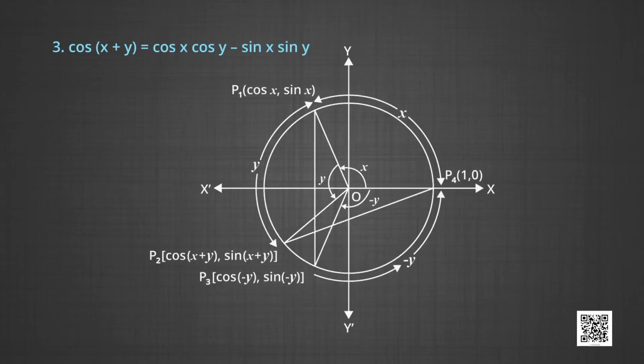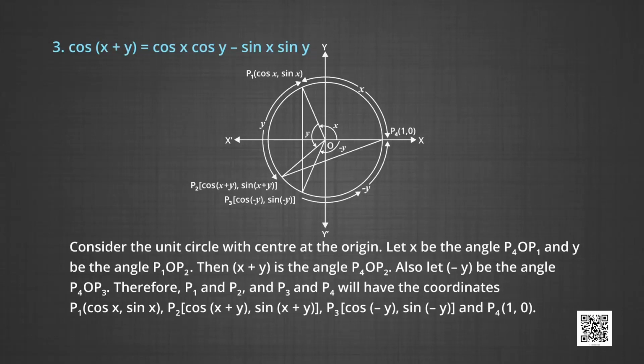Consider a unit circle with the center at origin. Let x be the angle P4 OP1 and y be the angle P1 OP2. Then x plus y is the angle P4 OP2. Also, let minus y be the angle P4 OP3.